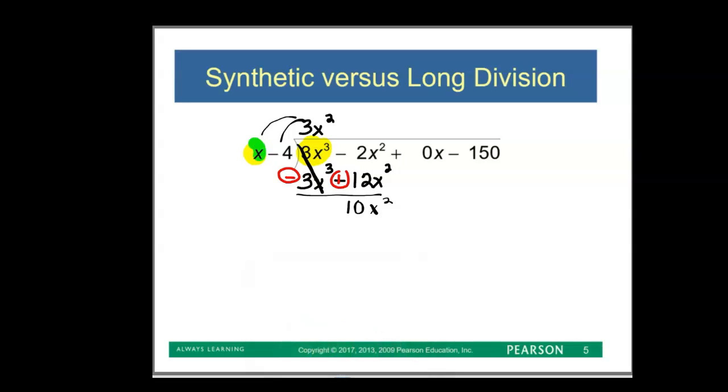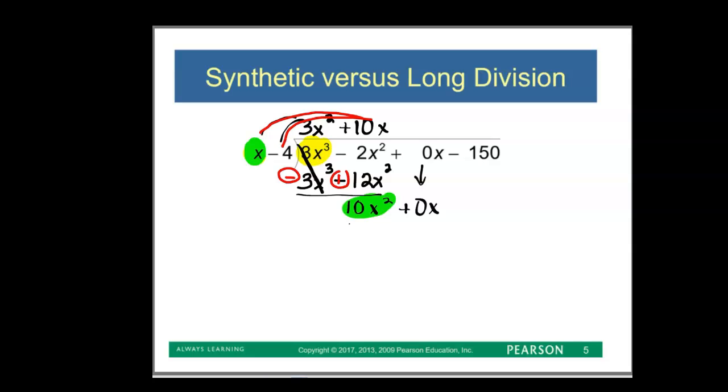So here our leading terms are x and 10x squared. We seek to multiply the x by a quantity that will eliminate the quadratic. So I'm going to bring down this 0x first of all, and then multiply through by 10x. When I multiply through by 10x, that's going to eliminate that quadratic term.